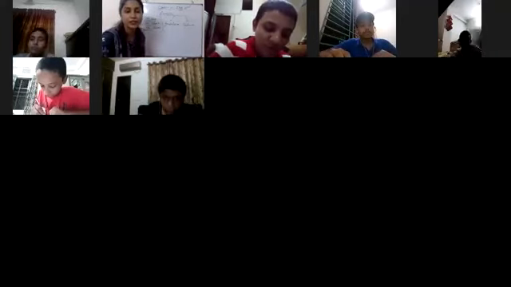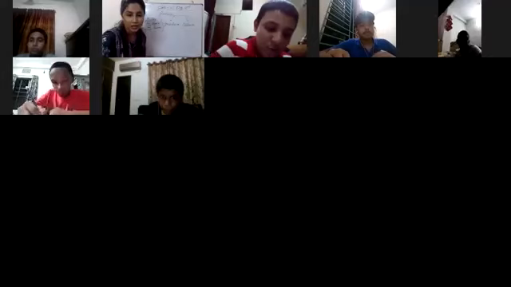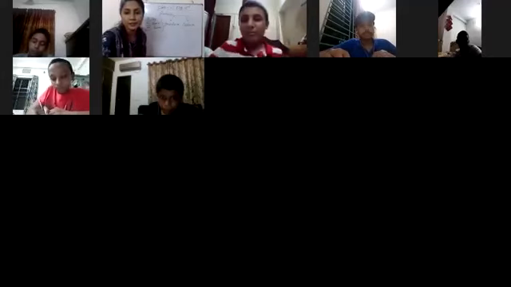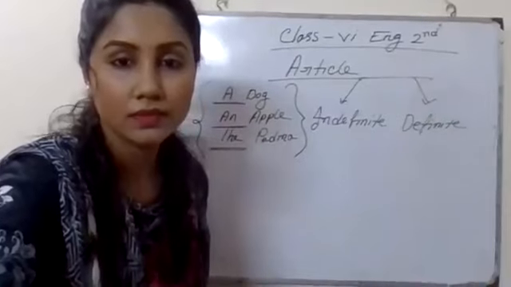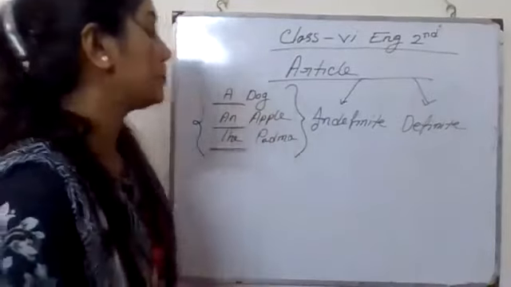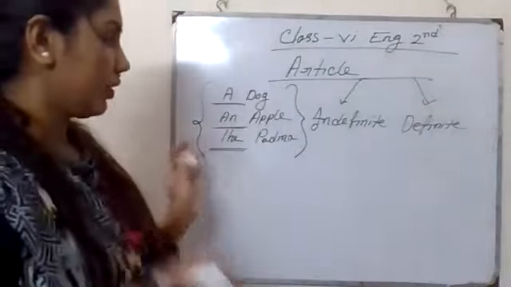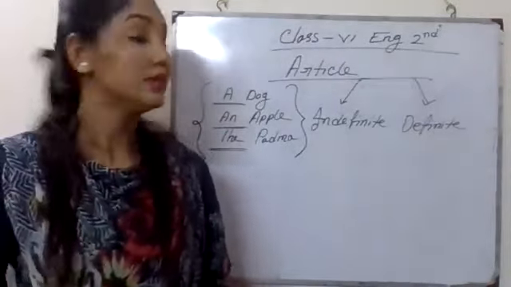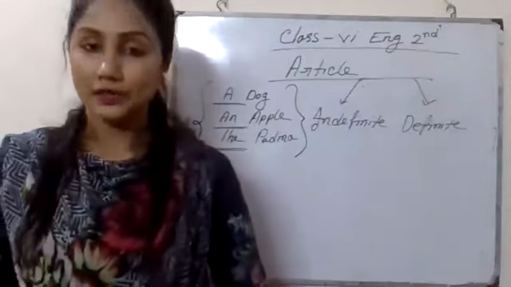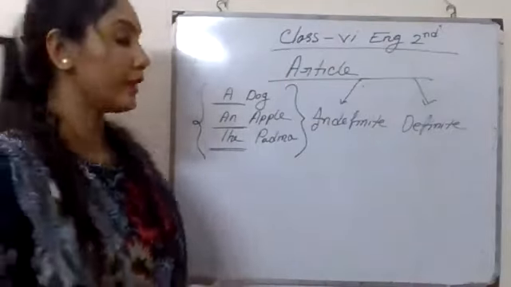We have some rules, and we have to know when we will use a and when we will use an. If you want to use articles, first of all, you have to know the English letters, and you have to know vowel and consonant.